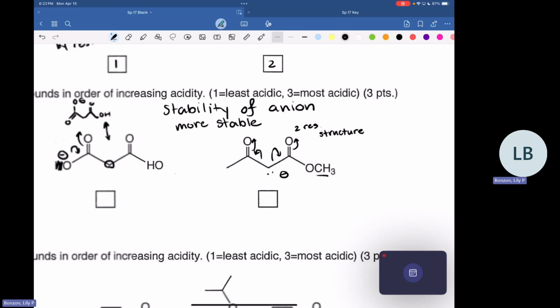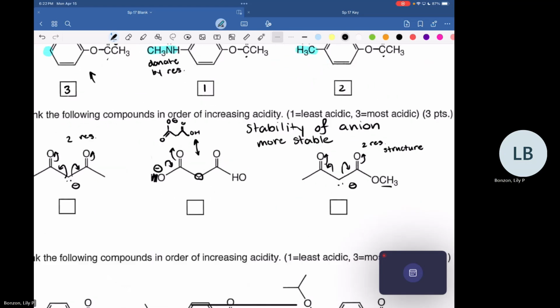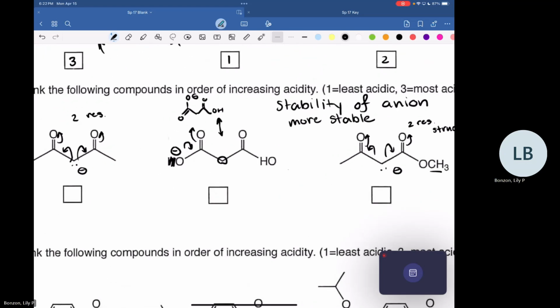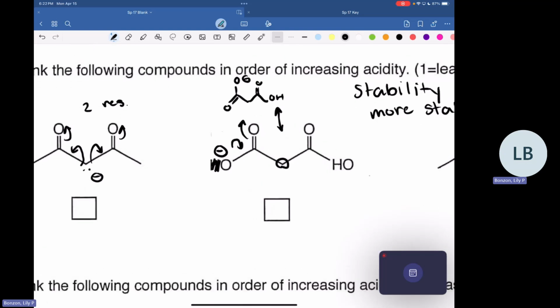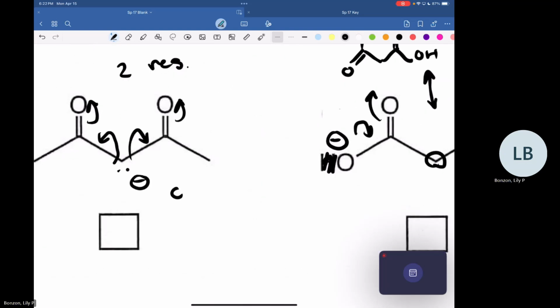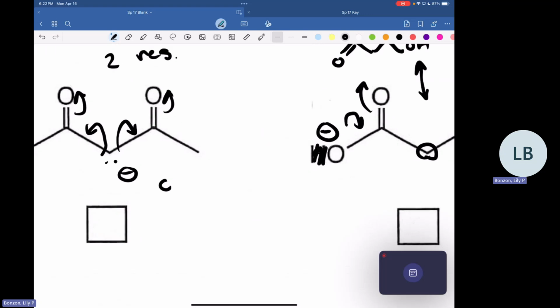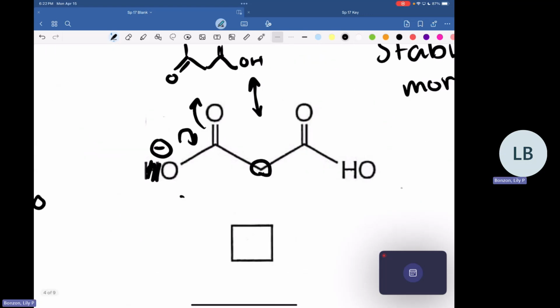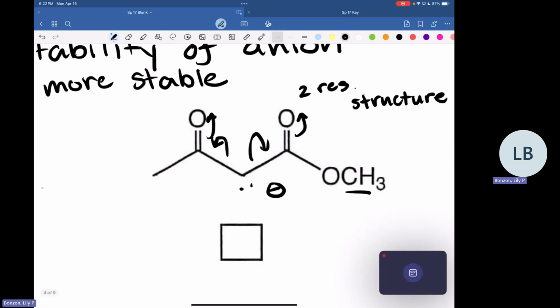Now we just have to compare them. On the left, the negative charge is shared between a carbon and the oxygens. In the middle, we're sharing the negative charge between two oxygens. And on the right, again, we're sharing between a carbon and an oxygen.